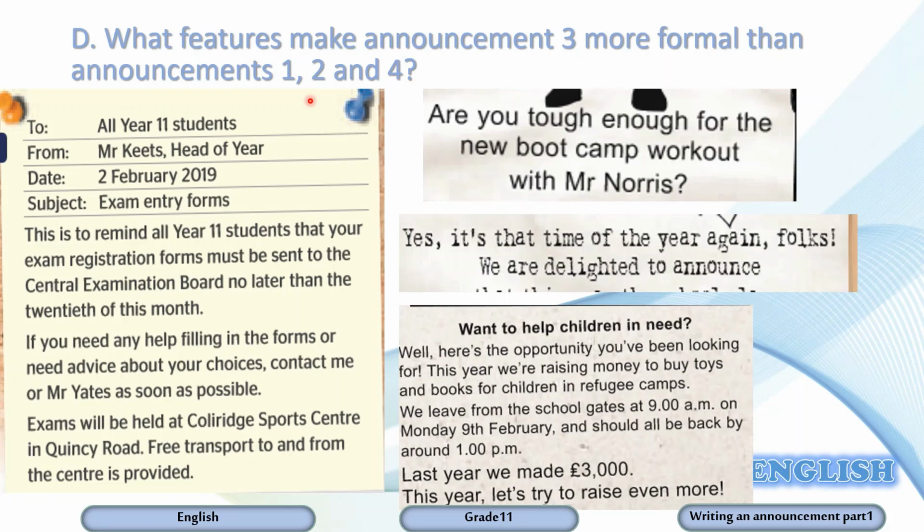So we are going to identify the features that make this announcement more formal. Of course, there are many features here. This is to remind all your 11 students. So it is straight to the point, and it is written in impersonal and unemotional tone.